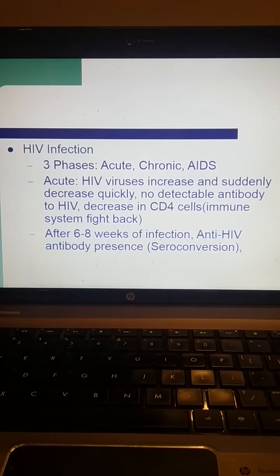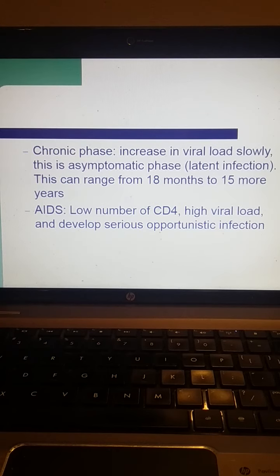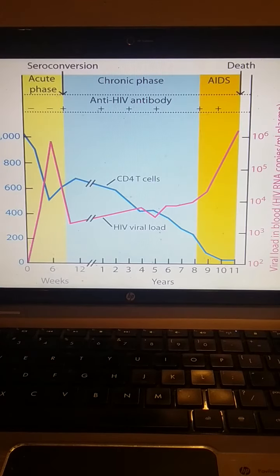Now this is very important. You need to know the different phases of the HIV infection, which are three of them, and what they are doing: what the virus is, how much viral load there is, and how many T cells there are. So you need to understand this picture.